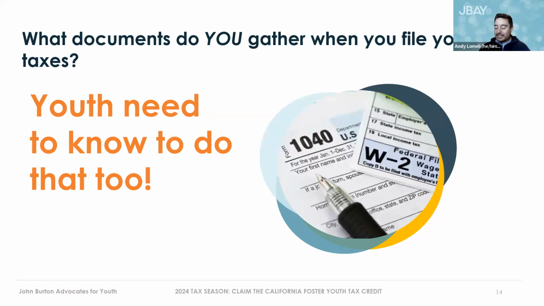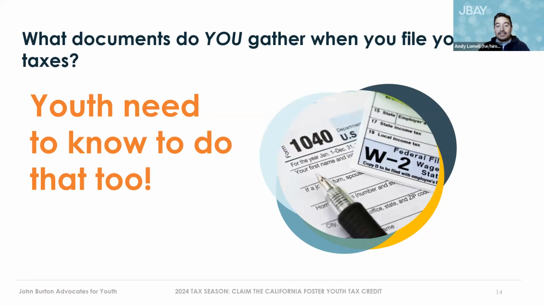So this first slide, we kind of just want to point out, as I'm sure all of you or most of you have prepared your taxes before, you know that it is not easy. And you need to prepare several documents depending on your situation, your income level. Maybe you need W-2s.